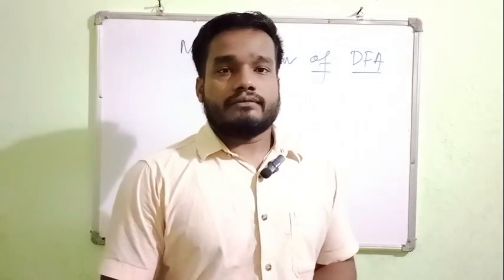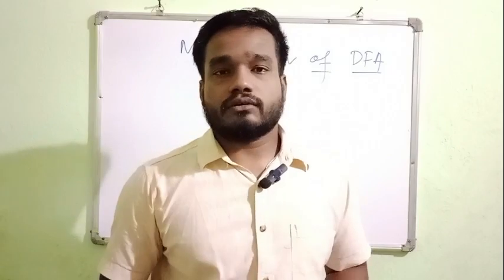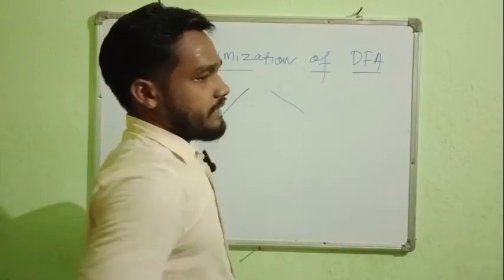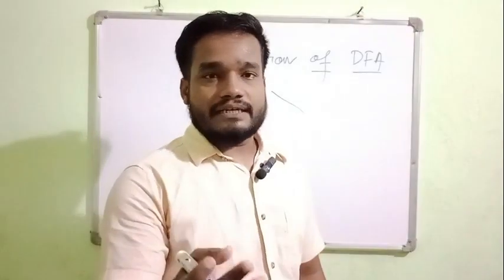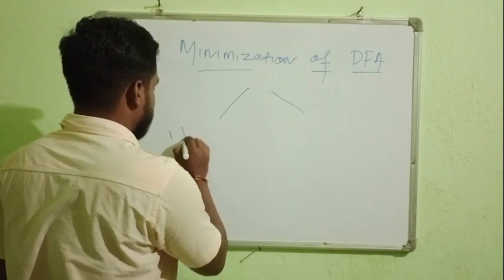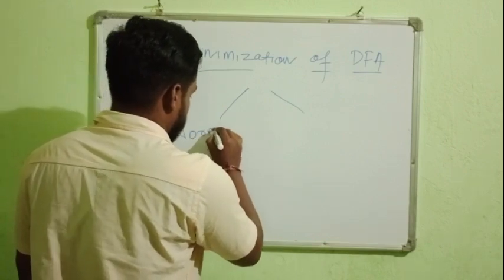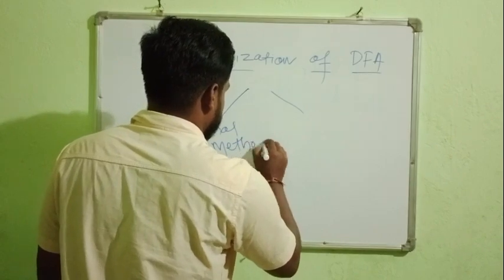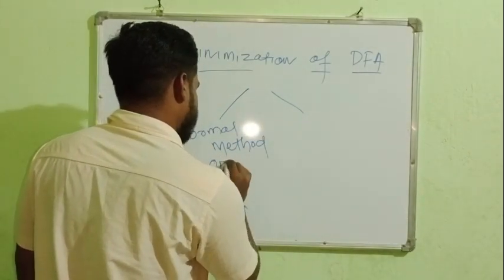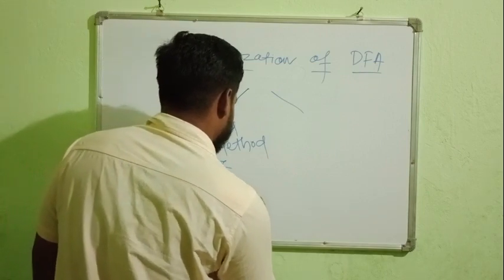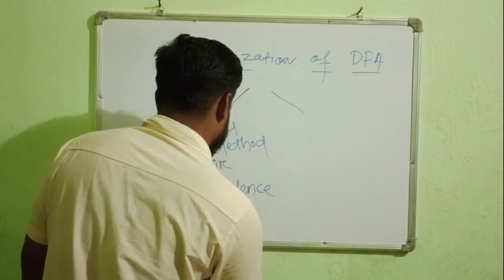Before going to the DFA, we will learn the types of minimization of DFA. In two ways we minimize the DFA. First is the normal method or equivalence method.